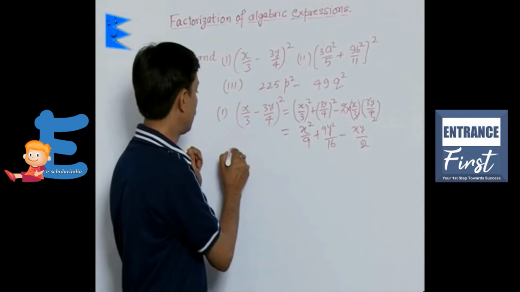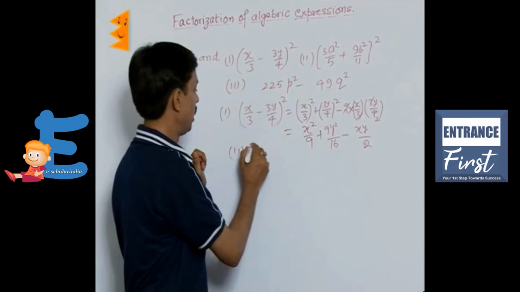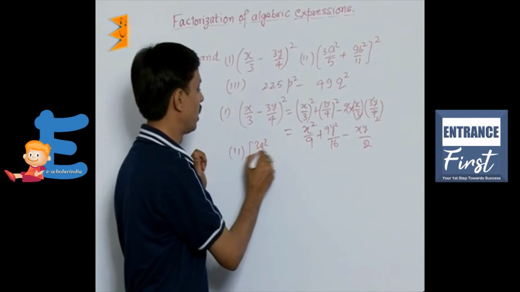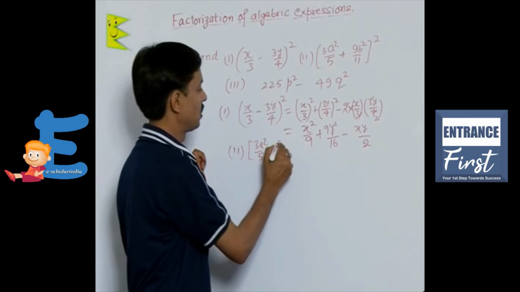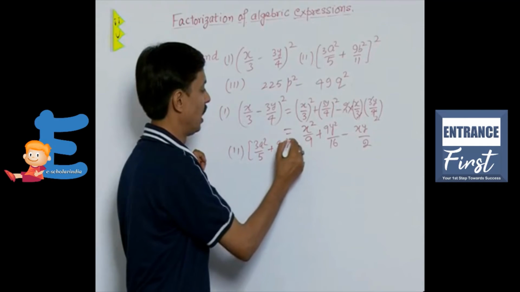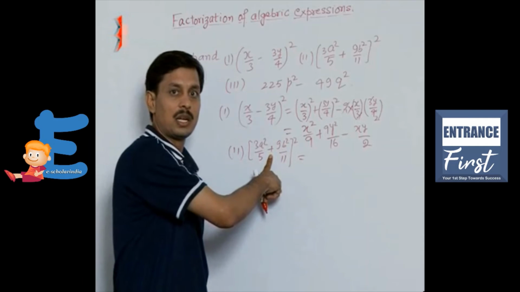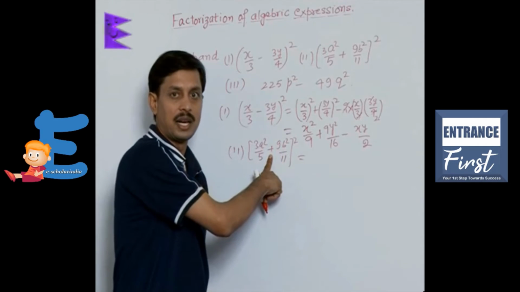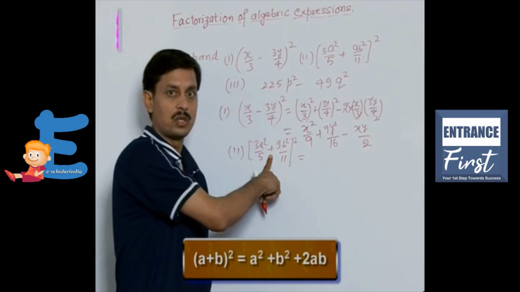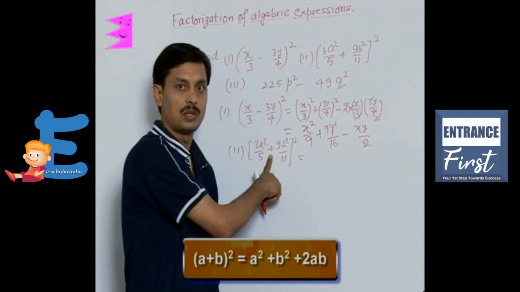For the second part, we can take (3a square upon 5 plus 9b square upon 11) whole square. Here the sign between the two algebraic terms is positive, so I will apply the identity (a plus b) whole square is equal to a square plus b square plus 2ab.